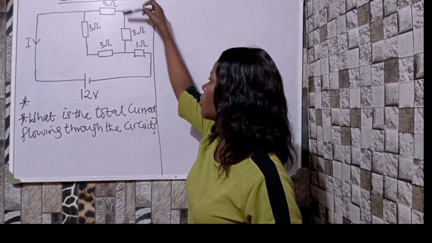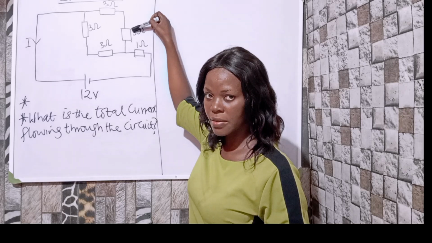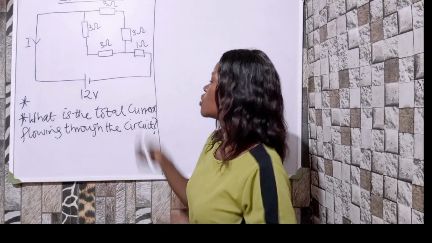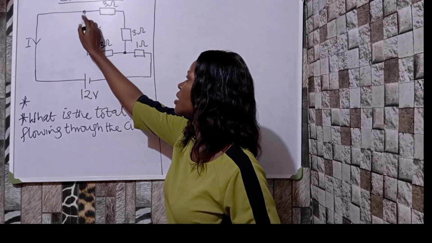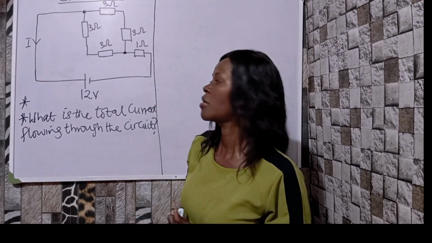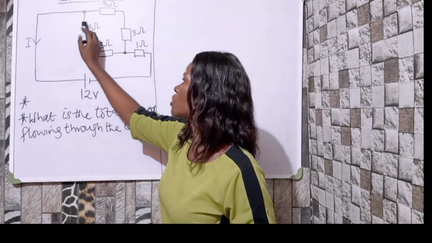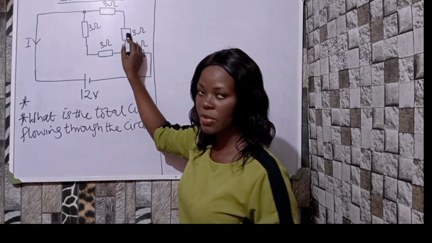These 3 ohm and 3 ohm, they are in series. Okay, so this and this are also in series. So we have a connection here and a connection here. This is where the current flows to separate to join them. So this becomes series, while this one is series.